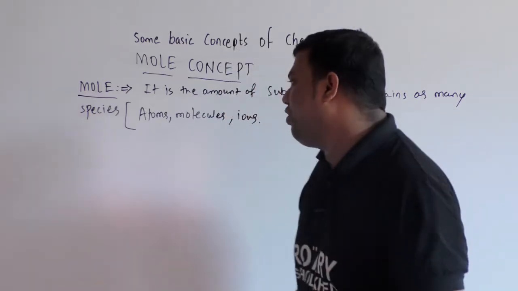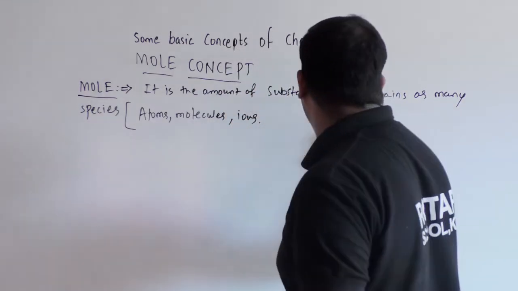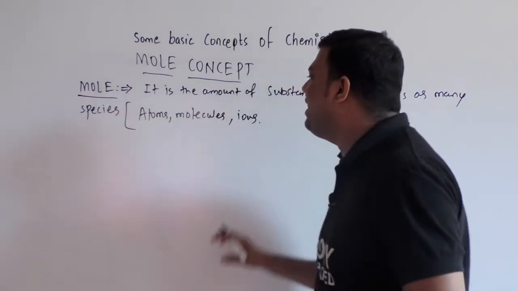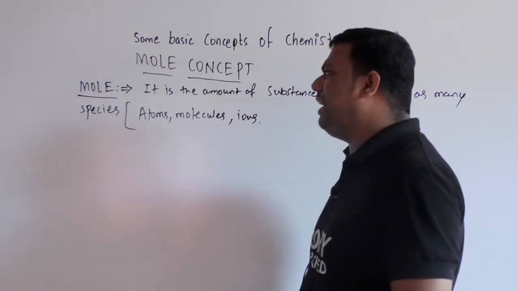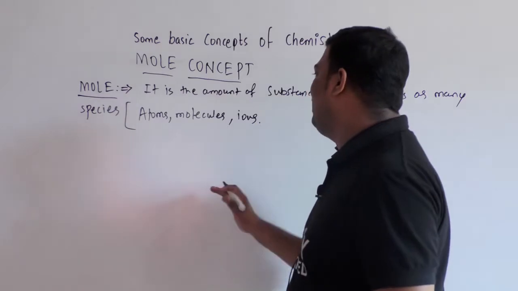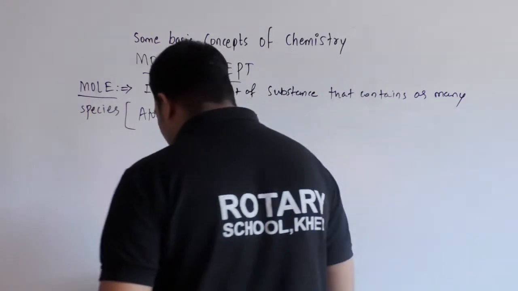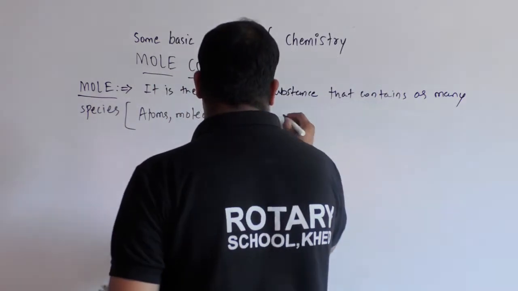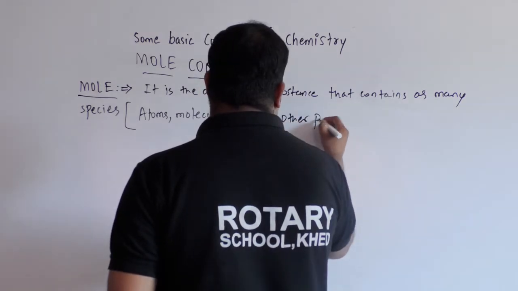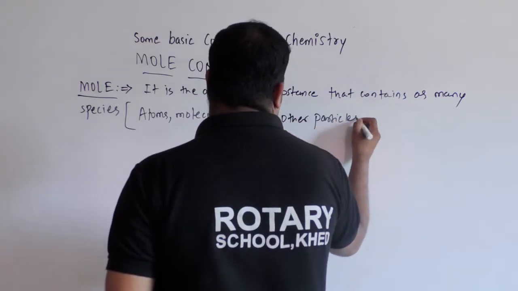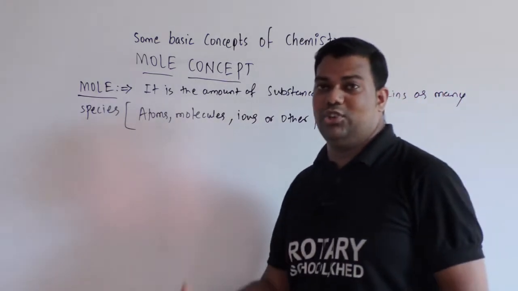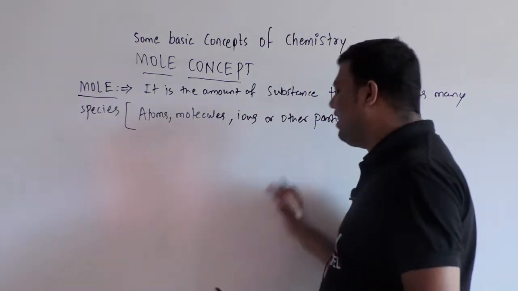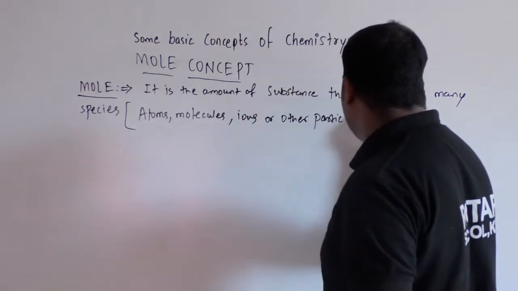So a mole is the amount of substance that contains as many species, that is atoms, molecules, ions, which we can calculate with the help of the mole, or other particles. In other particles come electrons, protons, neutrons.